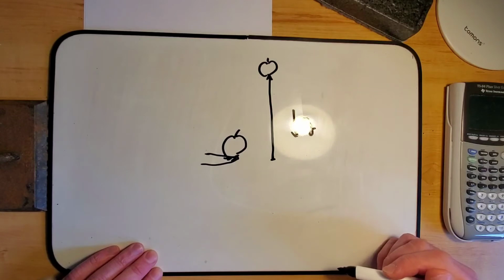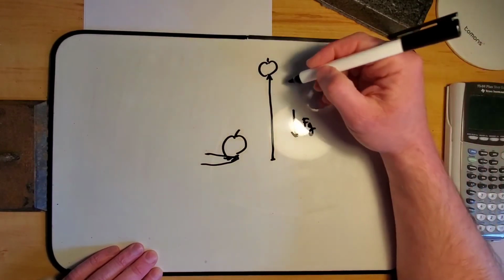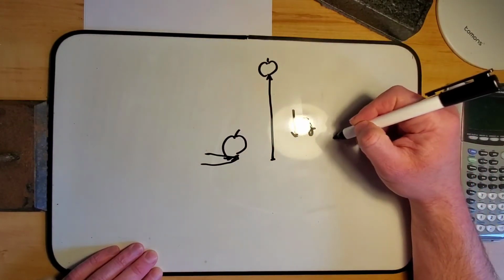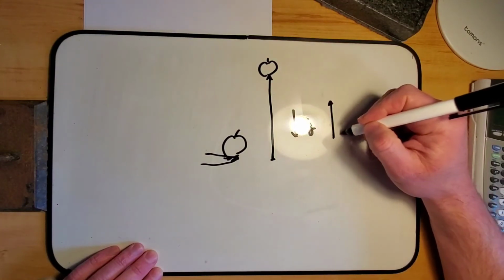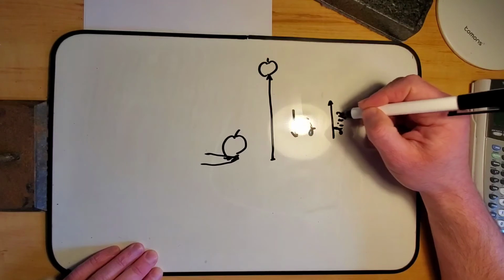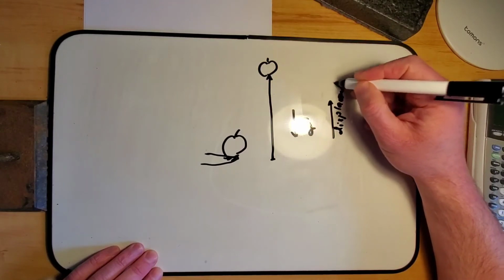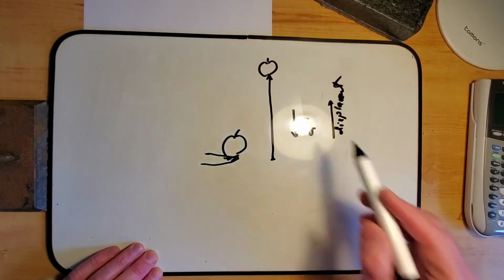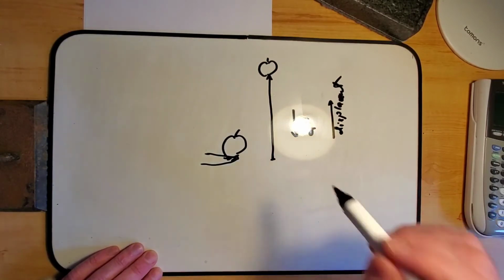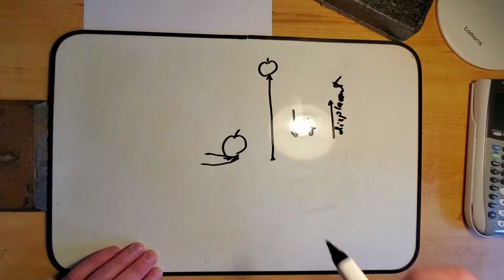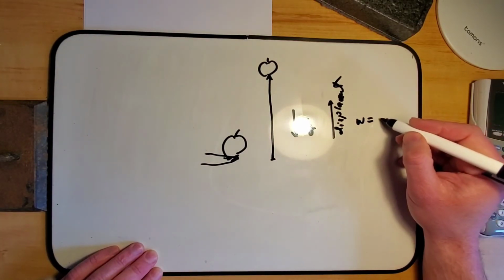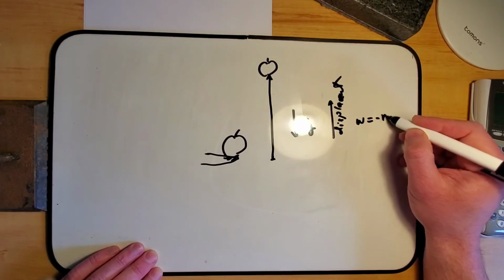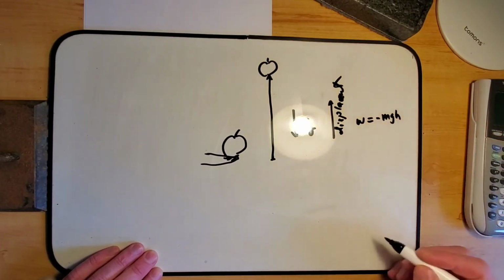And the displacement is actually in the opposite direction as the force. When this happens, the best clue, in my opinion, is that the work here is negative, and it's going to be negative mgh.